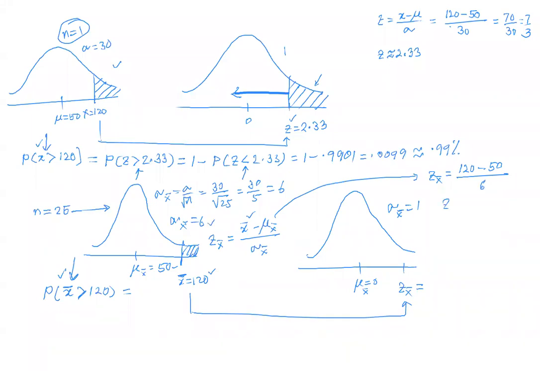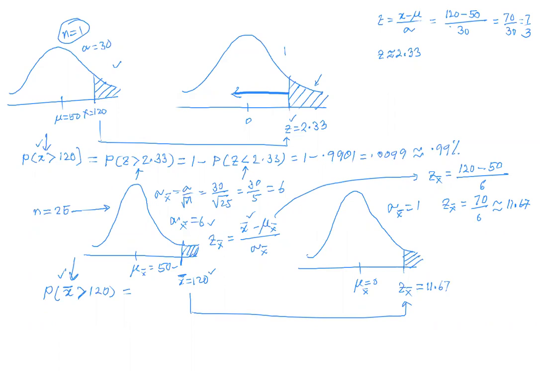So z sub x bar is equal to 70 over 6, which is approximately 11.67.